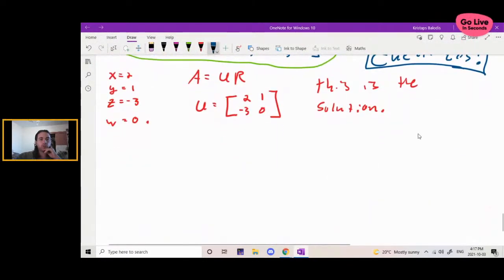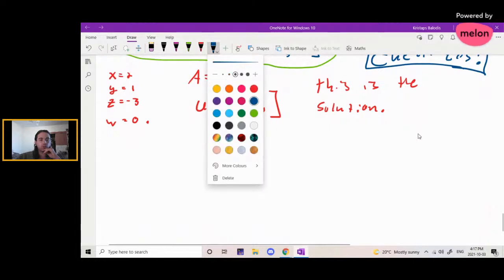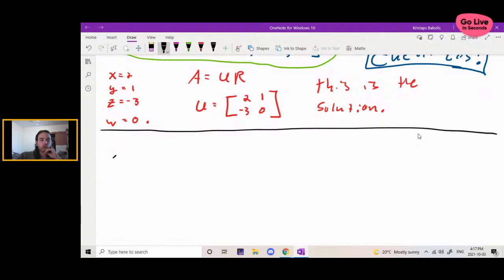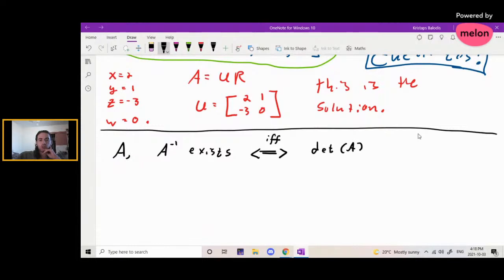So as I had mentioned before, in last week's video, we had this result where we knew that for an arbitrary matrix A, the A inverse exists if and only if, right? Sometimes we use this double arrow, or mathematicians will spell if with 2 F's, if and only if the determinant is not equal to 0, right?